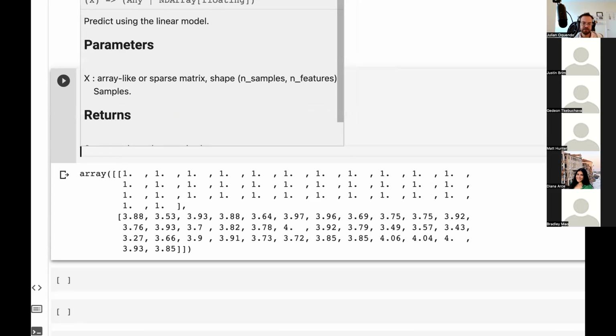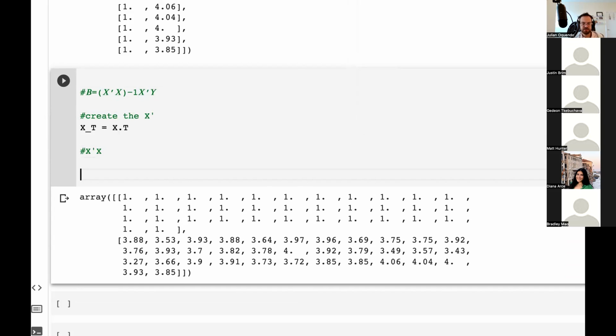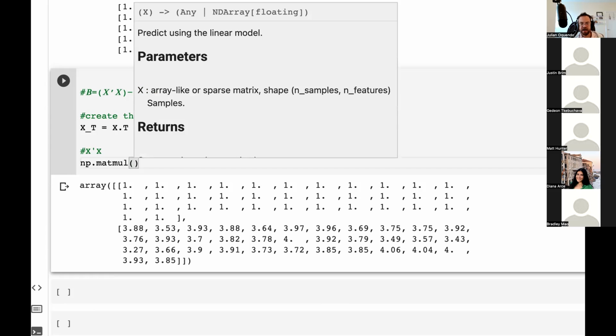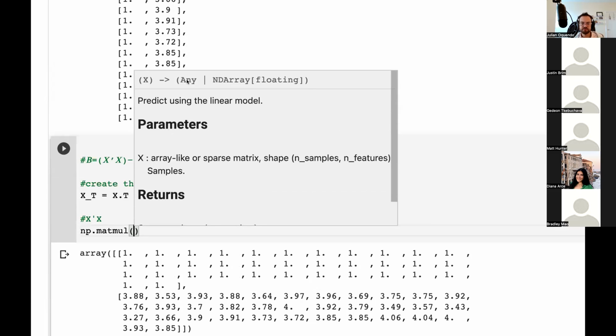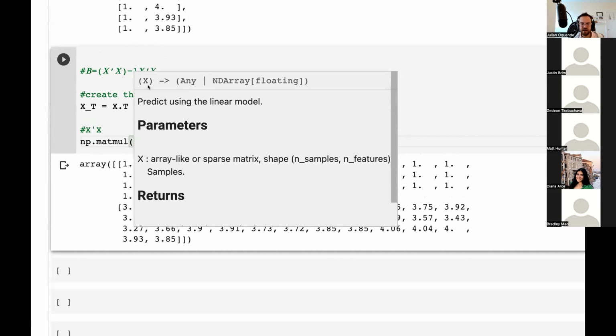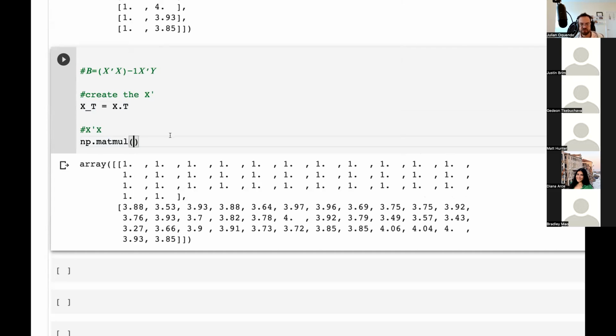For my matrix multiplication of X prime to X, I'm going to use the matrix multiplication function within NumPy, which returns the product of two different matrices.